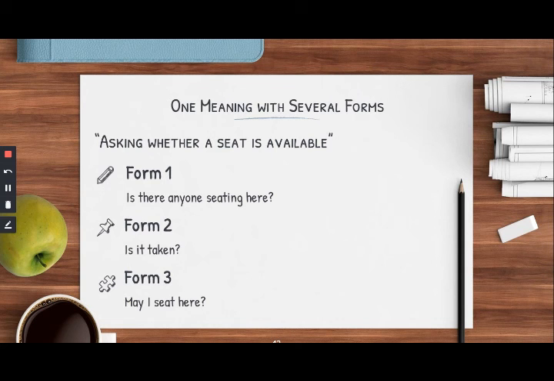Nah, untuk makna tersebut kita bisa menggunakan three different forms. For example, form 1: Is there anyone sitting here? Form 2: Is it taken? Form 3: May I sit here? Okay, so as you can see from these three examples, three different sentences or three different formats can refer to one single meaning. Okay?